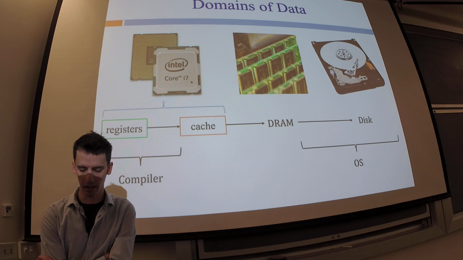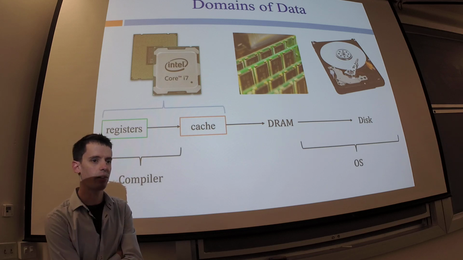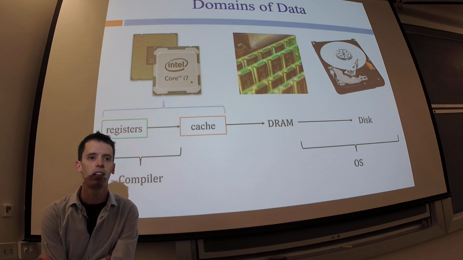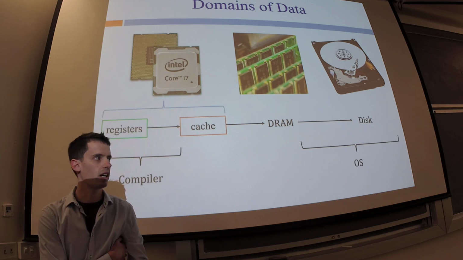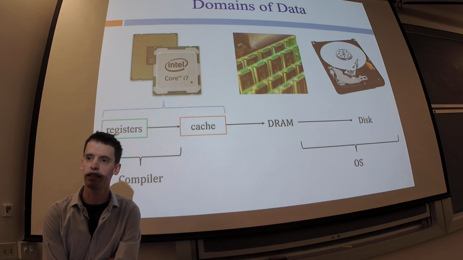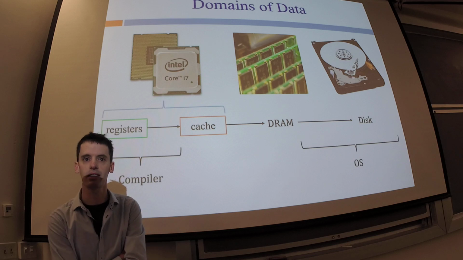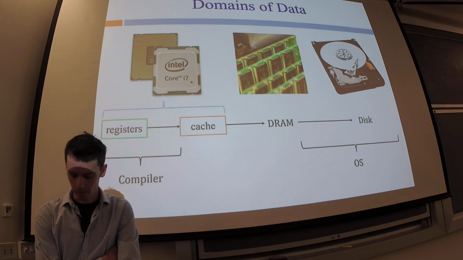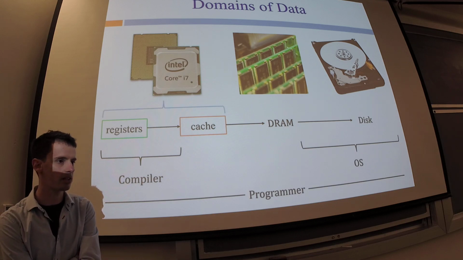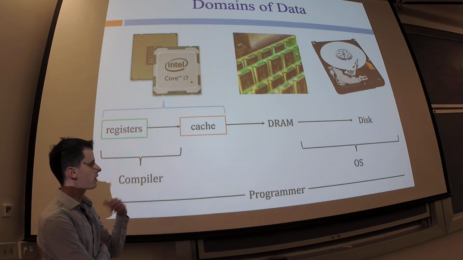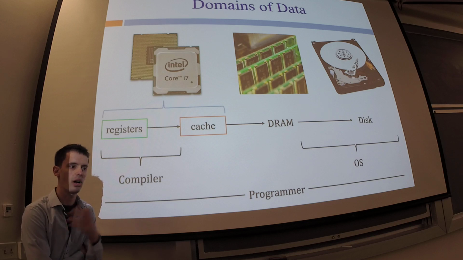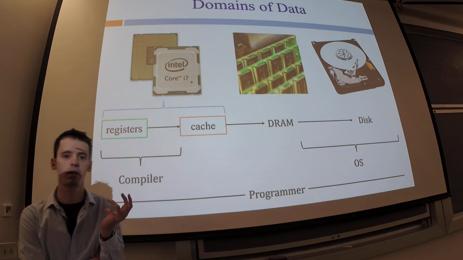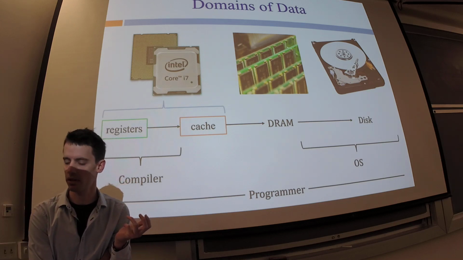Okay, so this is kind of the picture of data that we have so far, at least assuming you've gone through the normal career path in CS, taken some programming classes. This is your view of data. So some of it's up to the compiler, some of it's up to the OS, but all of this, as a programmer, you have to be aware of how it works.